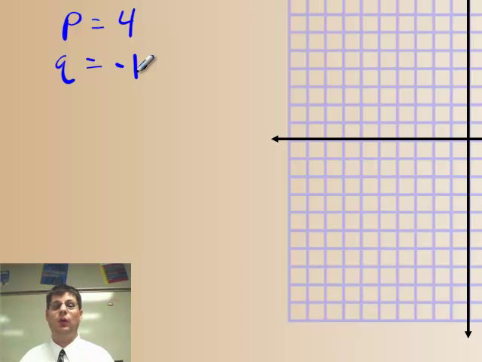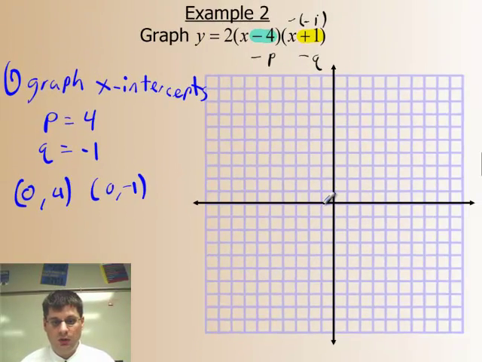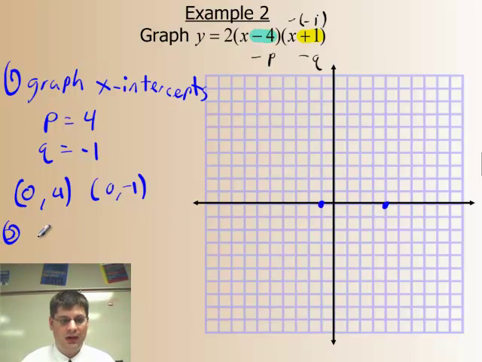Knowing that, our coordinates are going to be (0, 4) and (0, negative 1), and those are our x-intercepts. So (0, negative 1) will put us right here, and (0, 4): 1, 2, 3, 4.